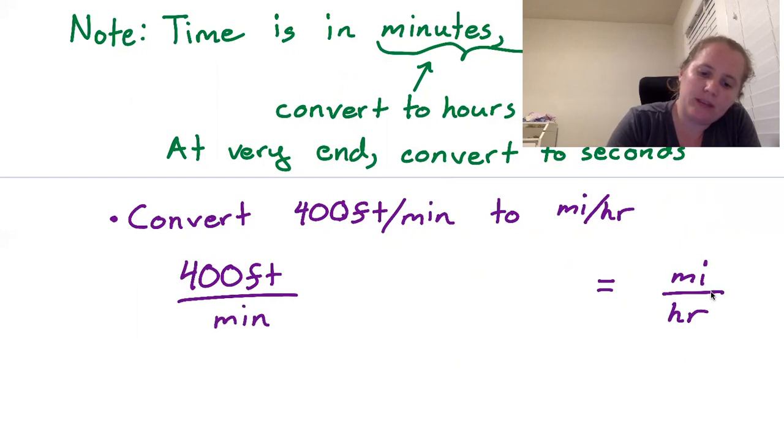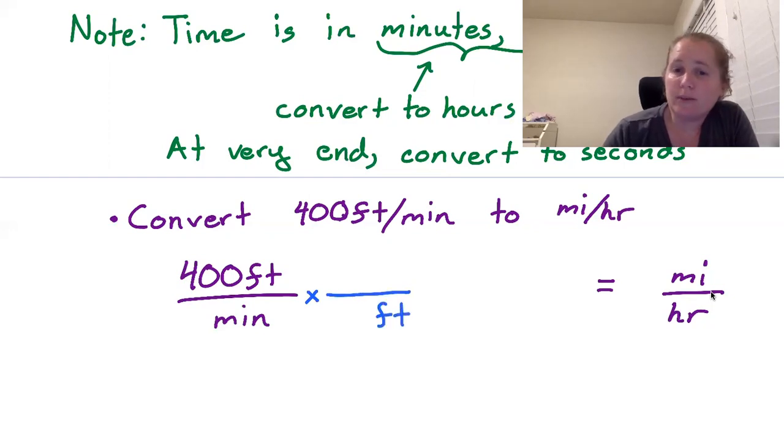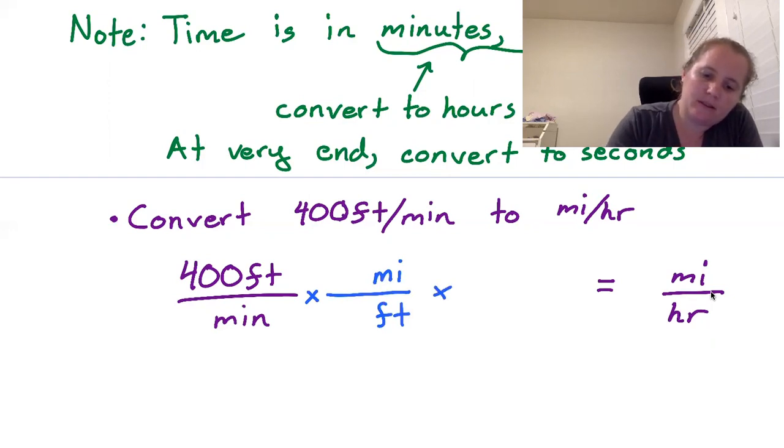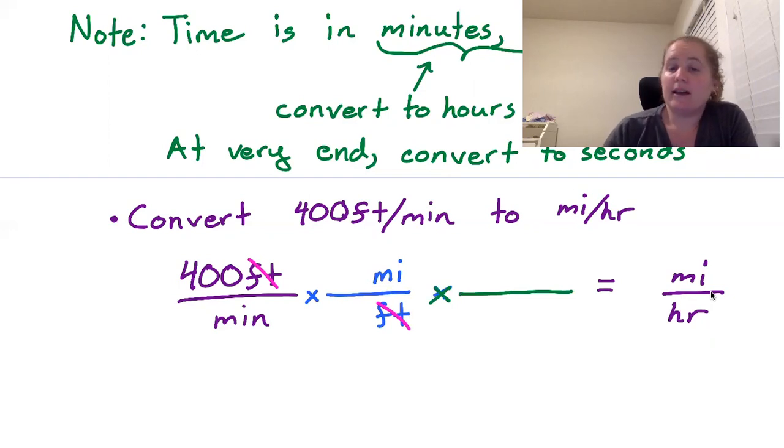So to get rid of feet, we're going to multiply by feet on the bottom to cancel out with the feet up top. And then we're trying to get to miles. We do know how to go from feet to miles. And so this will cancel our feet and feet. And then to convert time, we need to cancel out minutes.